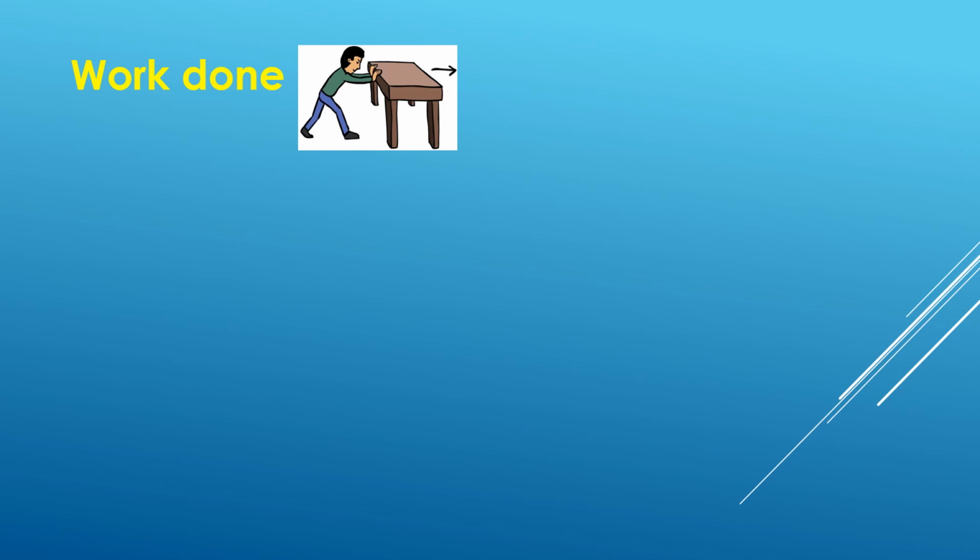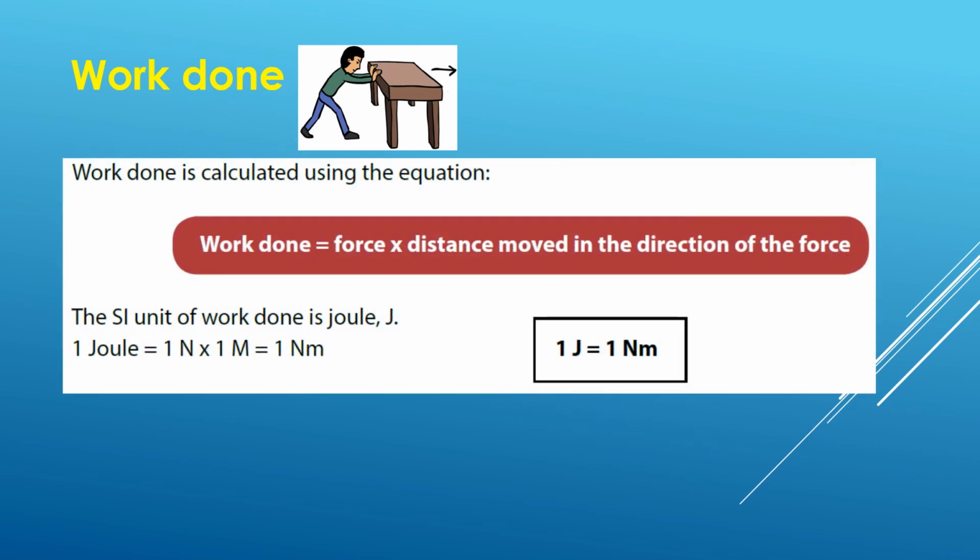So the person is applying a force, and the table moves in the direction of the force. It moves through a certain distance. So if we take the force and multiply it by the distance moved by the body in the direction of the force, we get the work done. The unit of work done is the same as energy. It is the joule.